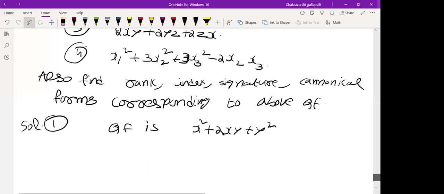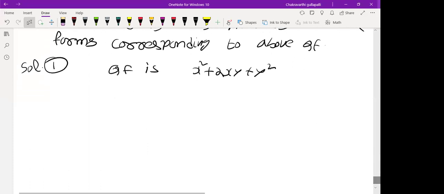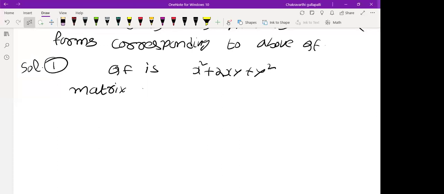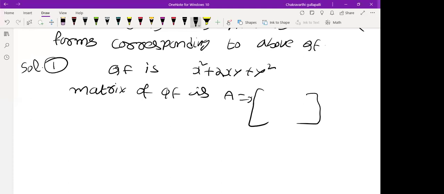Here x into x is x square, y into y is y square, and for xy the coefficient is 2, 2 divided by 2 is 1. Here also 1.